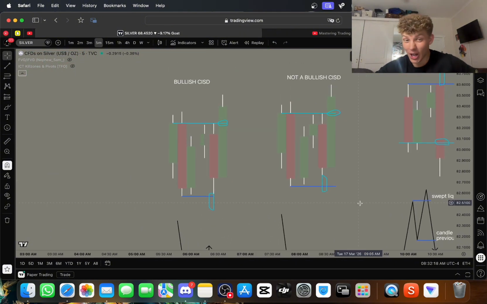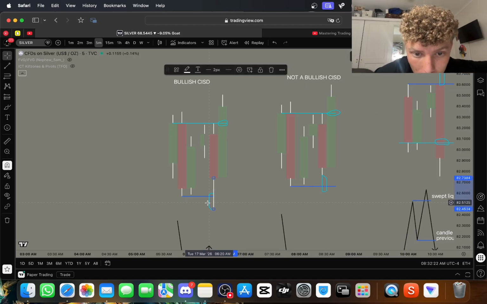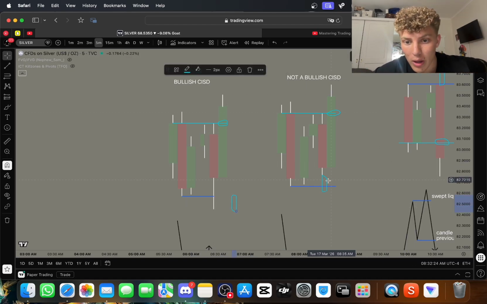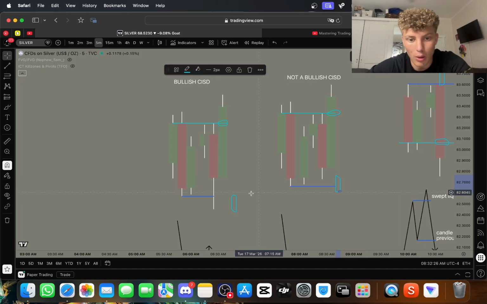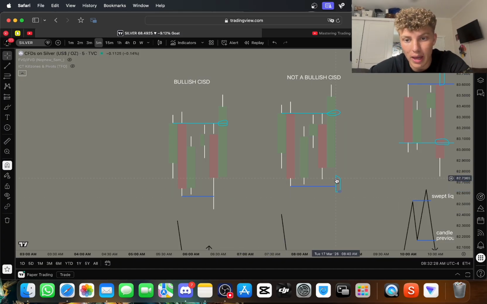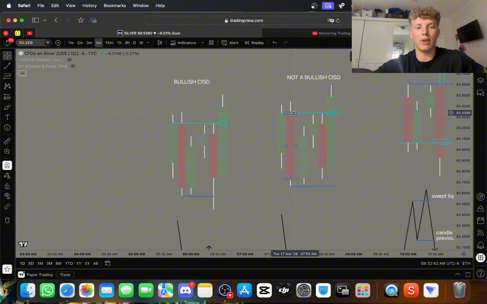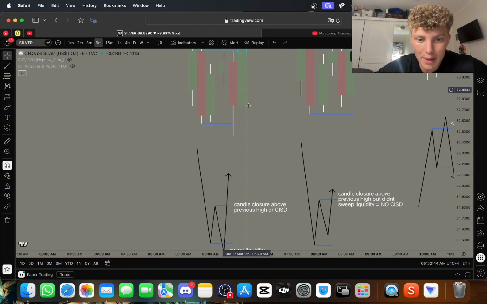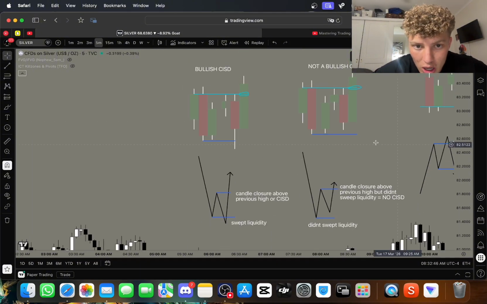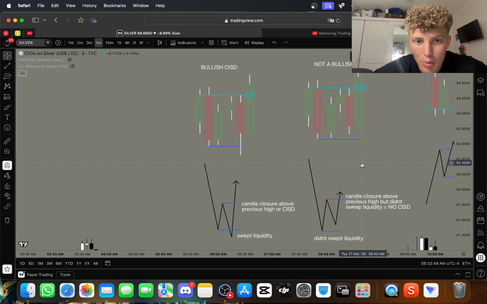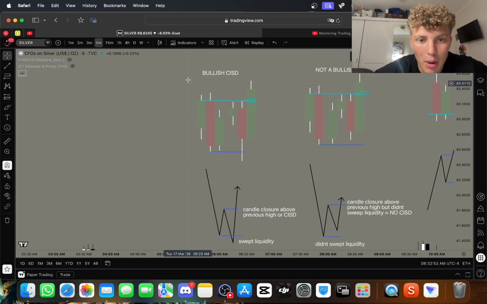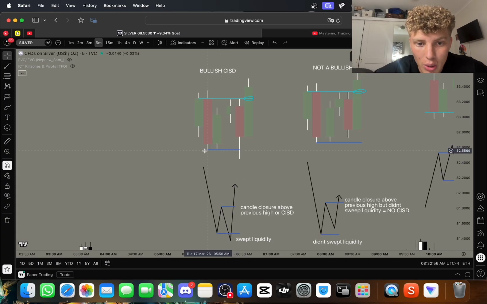I'll give you a chart example with real life scenarios with candlesticks. So if we have a look over here, bullish CISD, same concept as this. Imagine there's a massive candle, we're moving down at the moment. We put in this low in the market, we decide, let's rebalance higher.